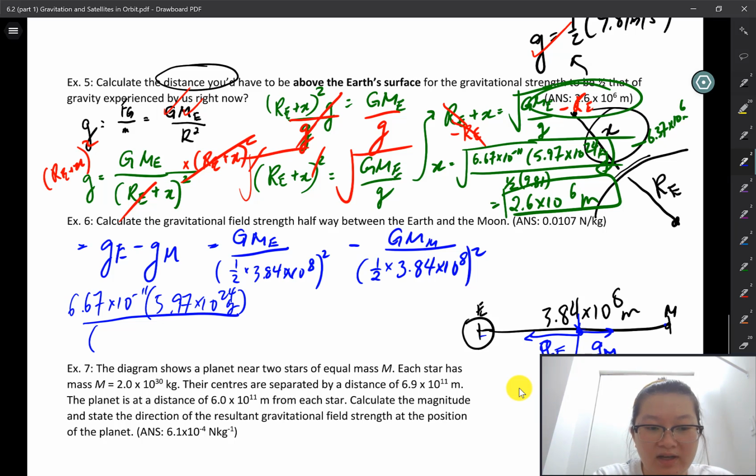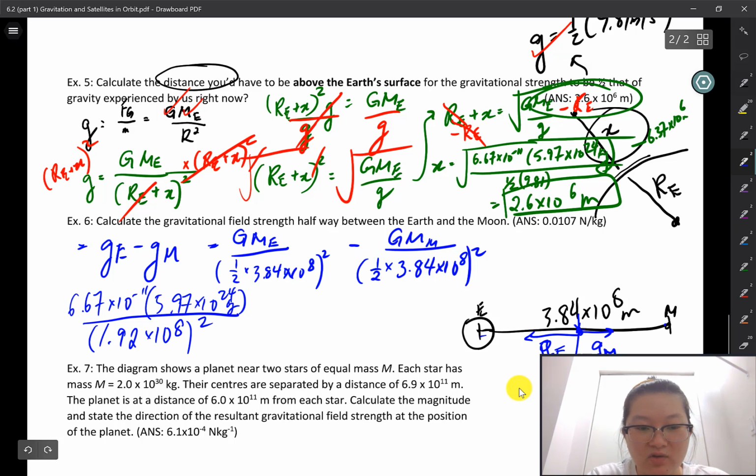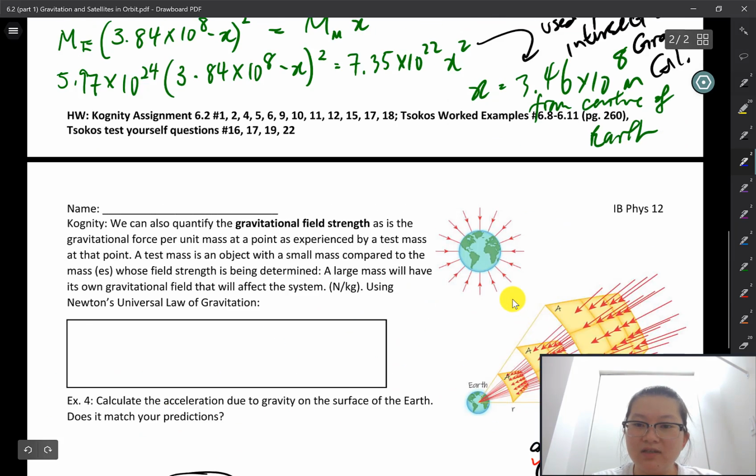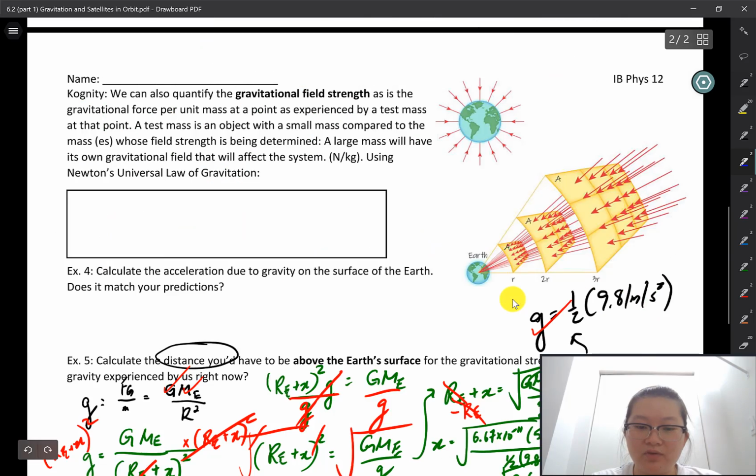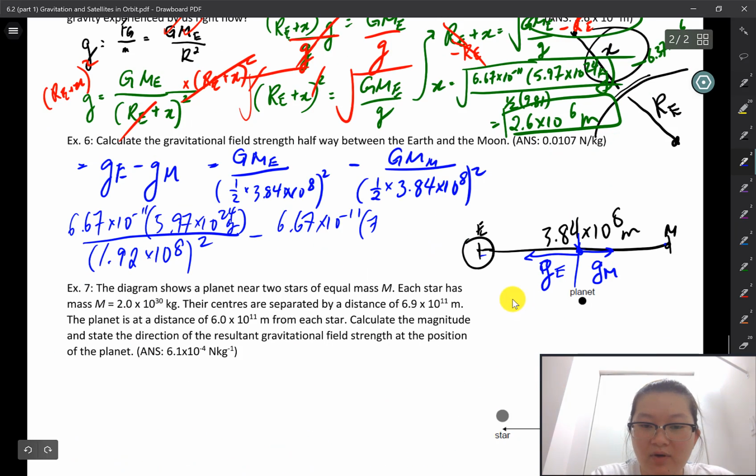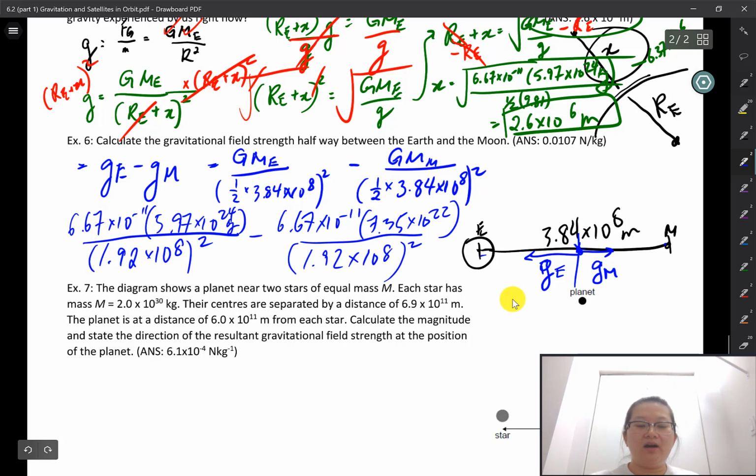Okay, so that's 1.92 times 10 to the power of 8, all of that squared. Minus 6.67 times 10 to the power negative 11, and the mass of the Moon, I believe, is 7.35 times 10 to the 22, and all divided by 1.92 times 10 to the power of 8 squared, because this is halfway.